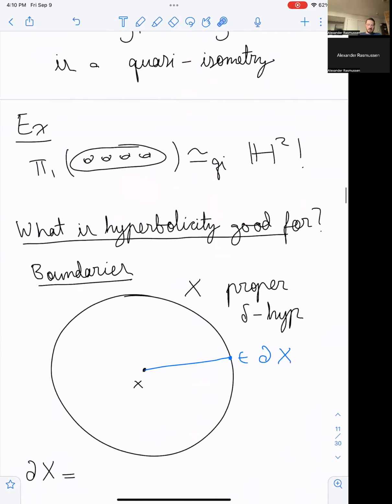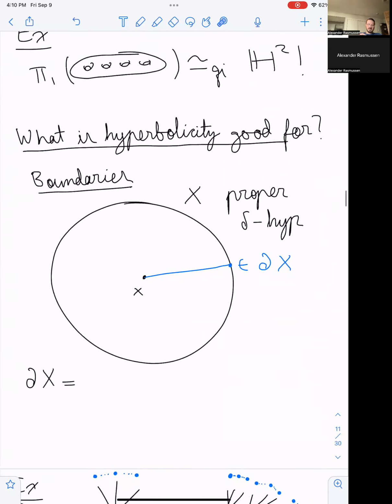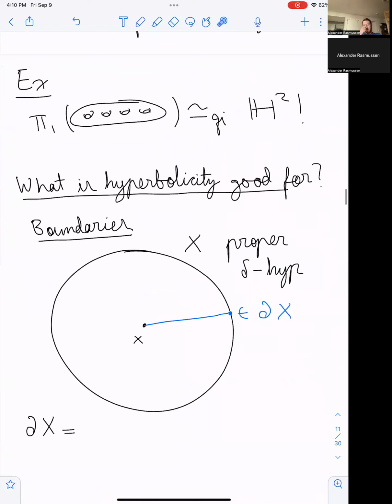So what is hyperbolicity good for? Well, it gets us a lot of really nice geometric properties pretty quickly. So first of all, boundaries. These are kind of analogous to the circle, which forms the boundary of the hyperbolic plane.